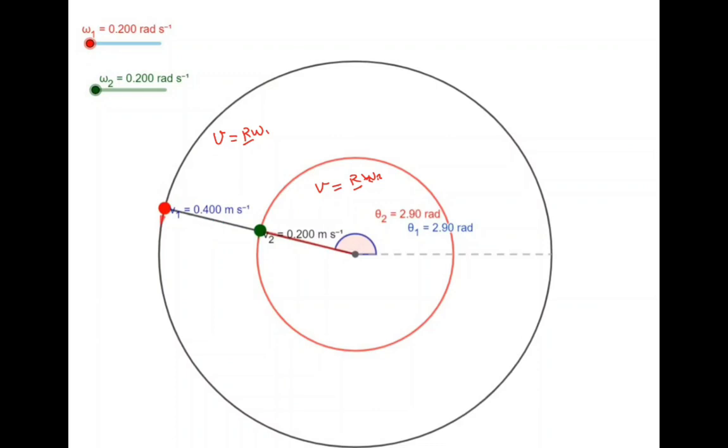From this whole thing here, we can conclude that the angular velocity does not depend on the position of the particle, and it's constant, but the tangential velocity is changing because it depends on the radius of the circular path as well as the angular velocity.